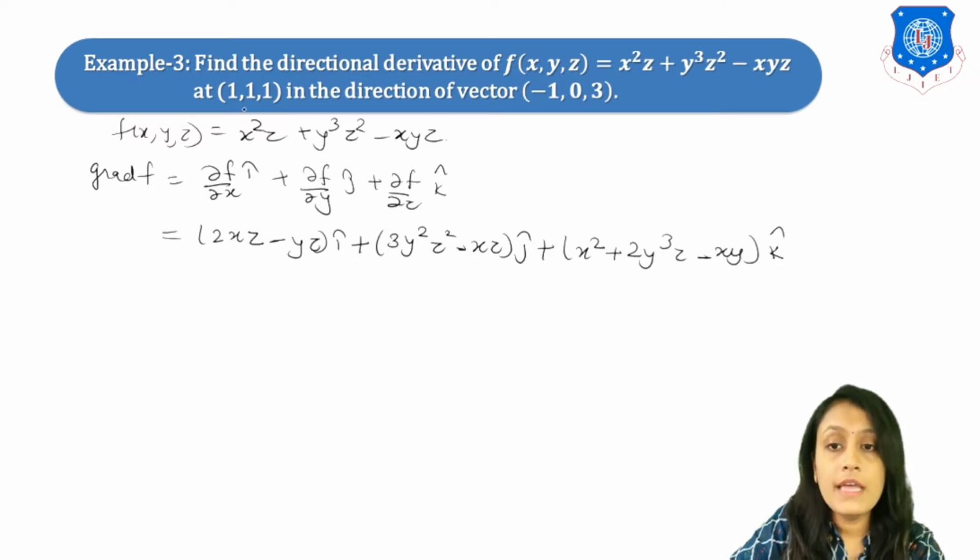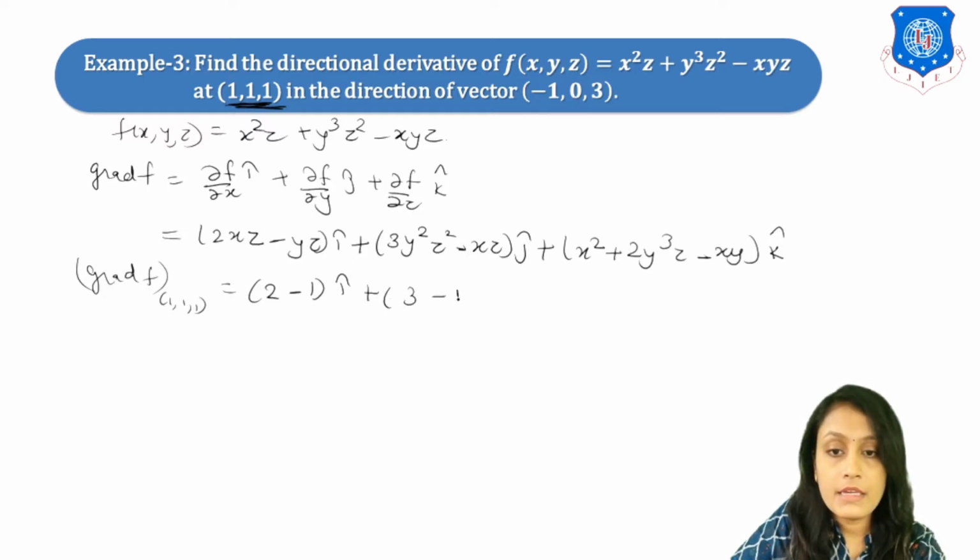Now we have to find the gradient at which point? 1 1 1. So gradient of f at 1 1 1: from here what will you get? 2 minus 1 i plus, from here 3 minus 1 j plus, from here 1 plus 2 minus 1 k.